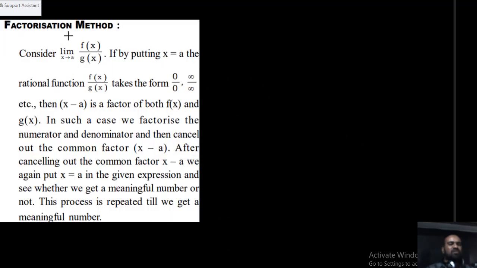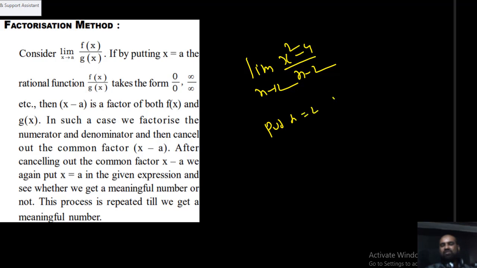Okay, next the factorization method. Just now explained, no? Students, listen. Through an example I want to explain. x square minus 4 by x minus 2, where x is tending to 2. Put x equal to 2 in x square minus 4 by x minus 2. What will we get? 0 by 0. So consider the limit of f of x by g of x where x is tending to a.